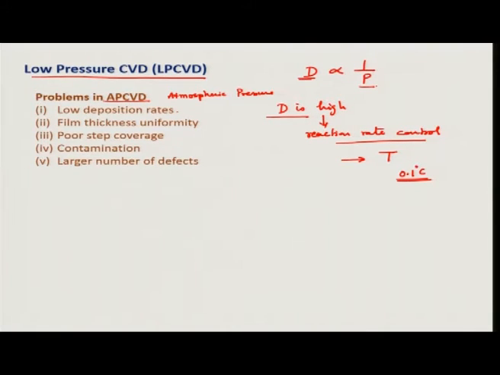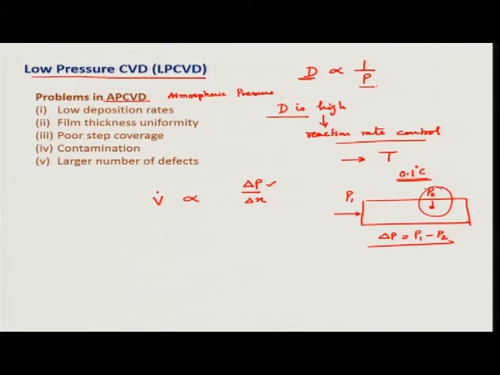Remember that when we were discussing the Hagen-Poiseuille equation, the volumetric flow rate was proportional to the pressure gradient. If we have lower pressures inside the chamber, this pressure gradient is from the inlet, so this is inlet pressure P1 and P2 inside the chamber. So, P1 minus P2 is your delta P, right.